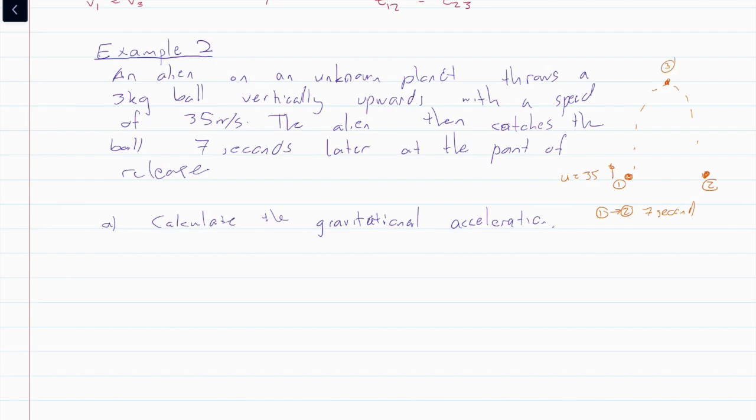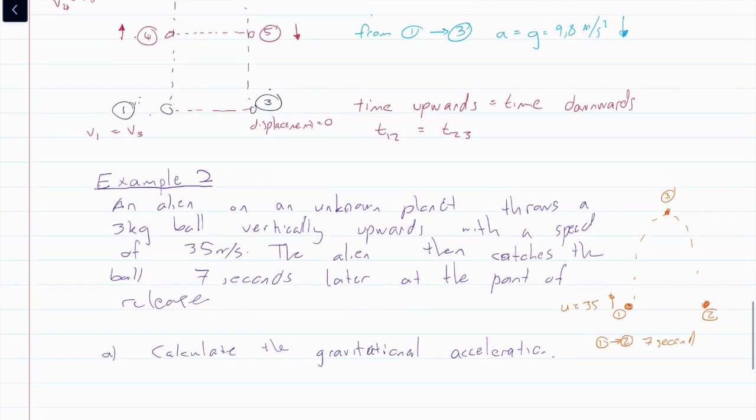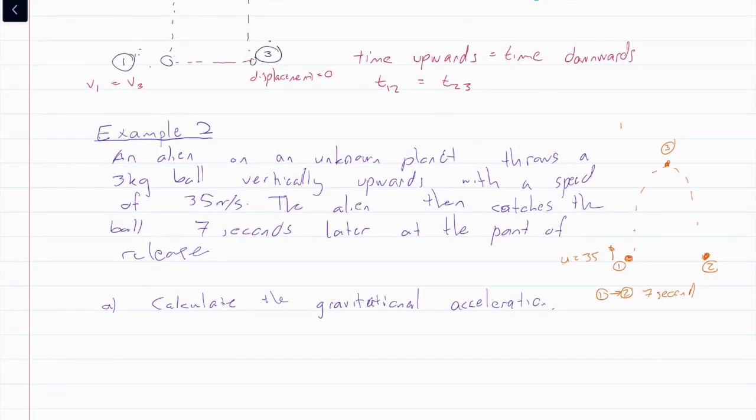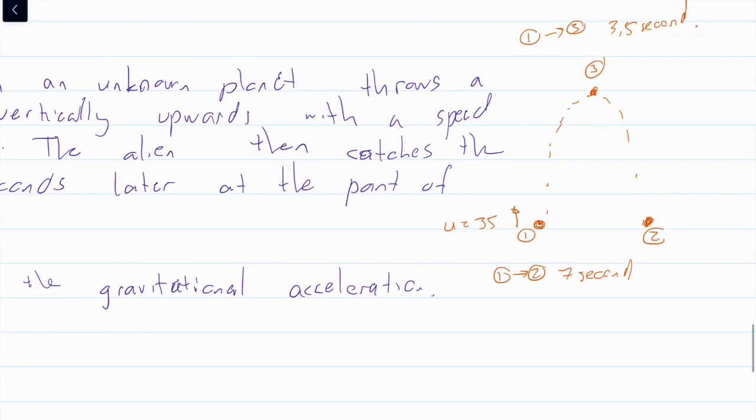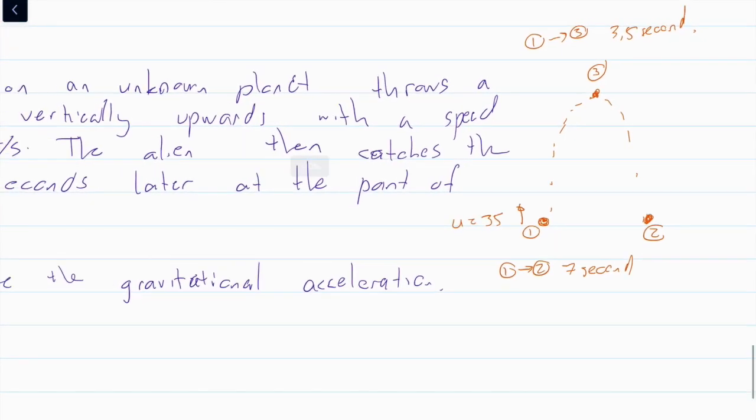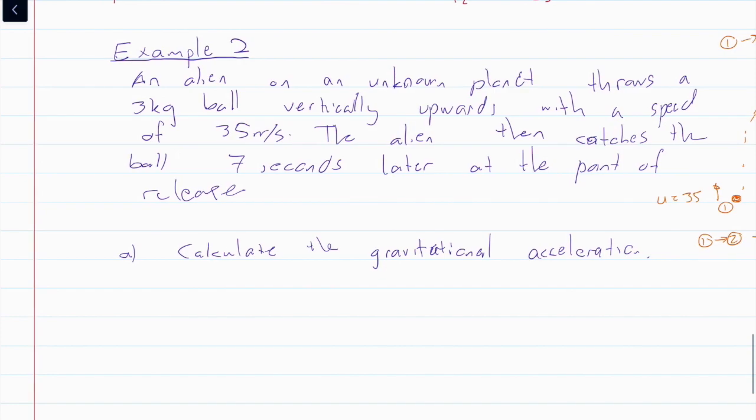From my previous rule, I can break this down and say that from 1 to 3 takes half the time, so 3.5 seconds. If I wanted to deal just with 1 to 3, it takes 3.5 seconds because the time upwards is the same as the time downwards. Now let's get into some UVATs.